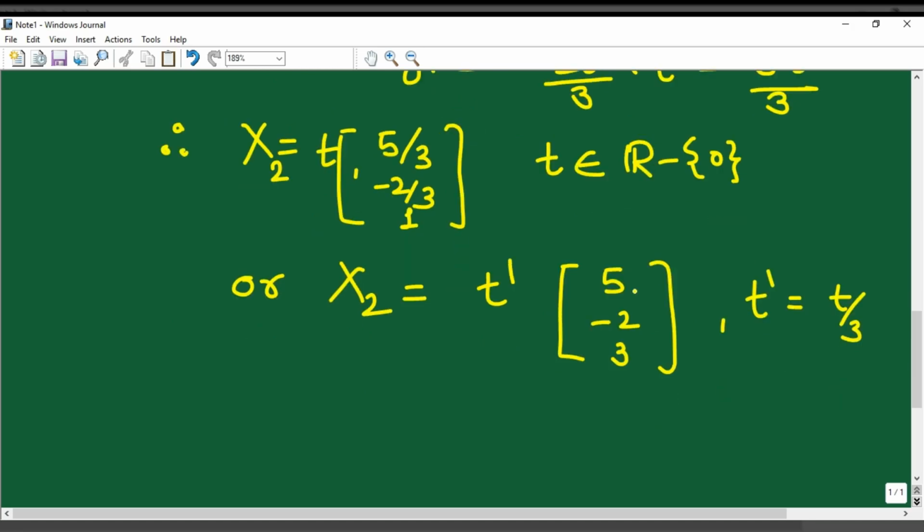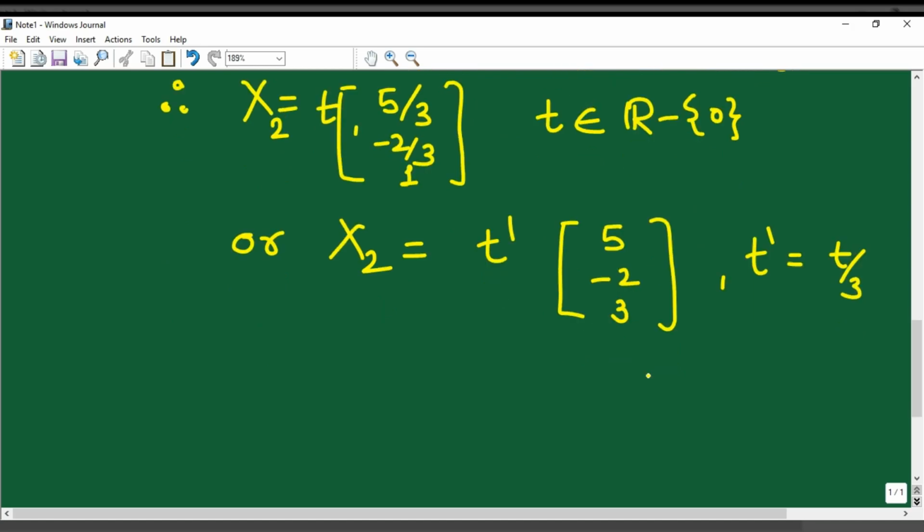So all such vectors which are multiples of (5, -2, 3) will be the eigenvectors corresponding to eigenvalue lambda 2.